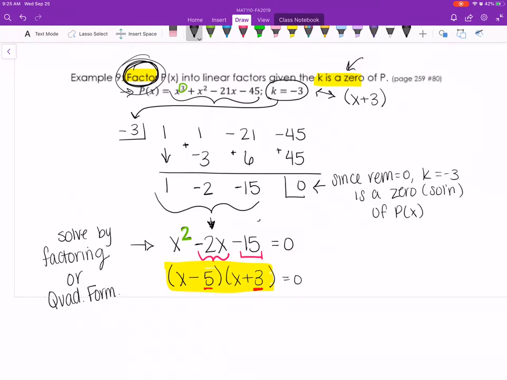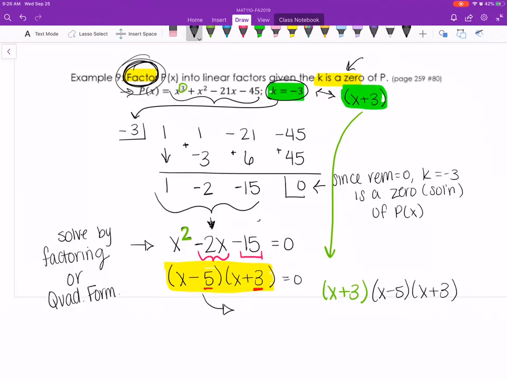Now remember, I have that factor that was given way up here in the question. I need to carry that down. So I have an x plus 3, and then those other two that I just found, x minus 5, x plus 3. Those came from right there.